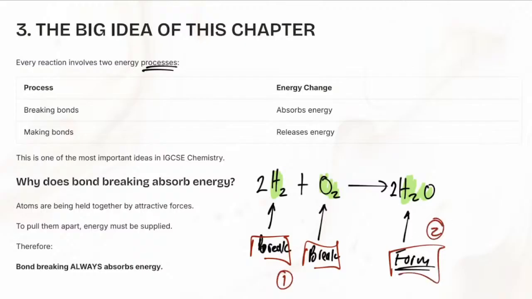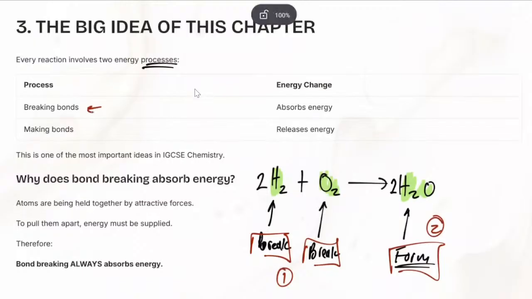Whether the reaction is endothermic or exothermic, we don't care. Two things happen in every reaction. Reactants are broken down, then you form the product. If you don't break down the reactants, you form nothing. So from now on, I want everybody to know, every reaction has two stages: bond breaking and bond making.